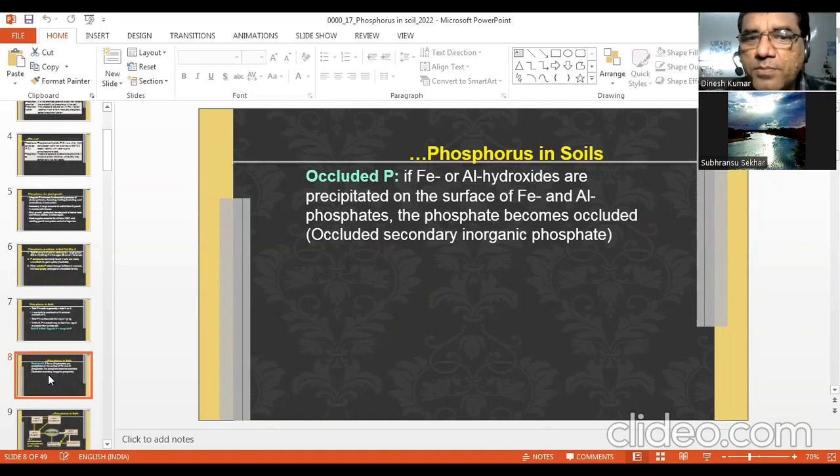The phosphate becomes occluded, meaning its solubility is further reduced. That is occluded secondary inorganic phosphate. So phosphorus in the form of iron and aluminum phosphate encircled by iron or aluminum hydroxide is called occluded phosphorus.